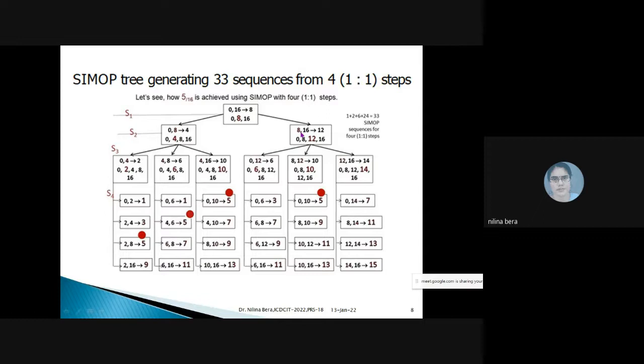In the very first step, I am getting the first C intermediate 8, so buffer 0 is there, 8 is there, 16 is there. In step 2 I am getting 2 branches. In one I am utilizing buffer with the C intermediate, and the other branch, the right hand side, I am utilizing the C intermediate 8 with the sample. So over here I am getting two more C intermediates, 4 and 12.